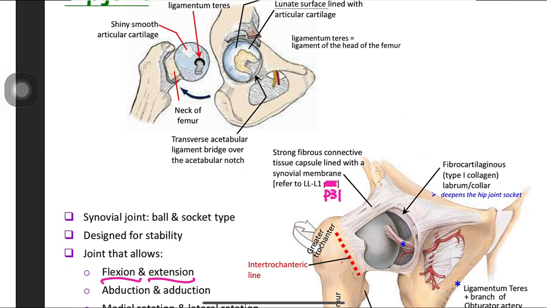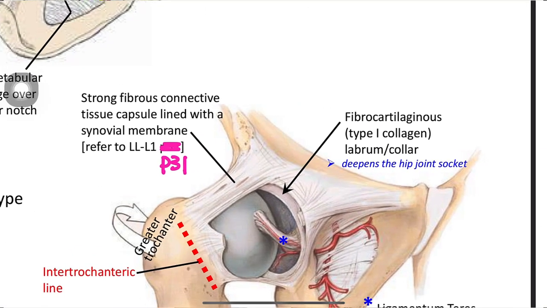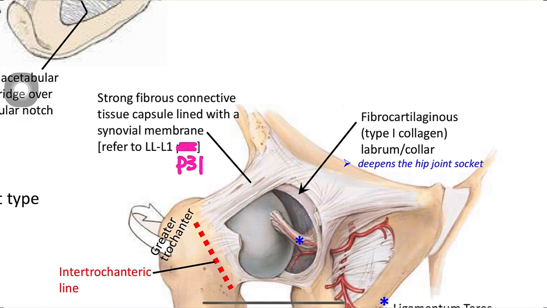And then we have a very strong fibrous capsule lined by the synovial membrane, right? So this is part of it, okay? And then we also have the type 1 cartilage forming the labrum, or the collar, which deepens the hip joint socket.